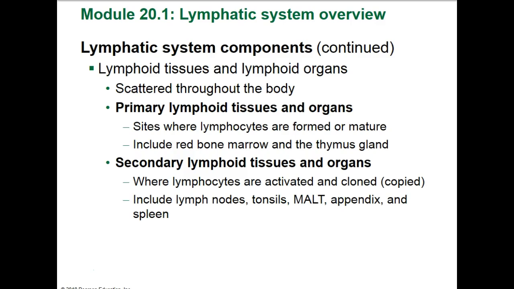The secondary lymphoid tissues and organs, these are where the lymphocytes are activated and cloned or copied, and that includes the lymph nodes, your tonsils, your mucosal associated lymphoid tissue or MALT, the appendix, and the spleen. And yes, we do include the appendix now when we talk about lymphoid tissue. For years, we just thought it was kind of a material that had no use whatsoever, that it was a vestigial structure kind of left over, through time.